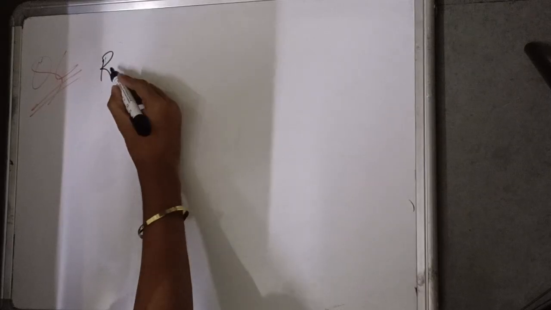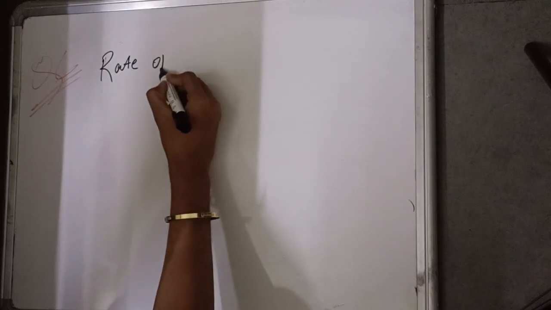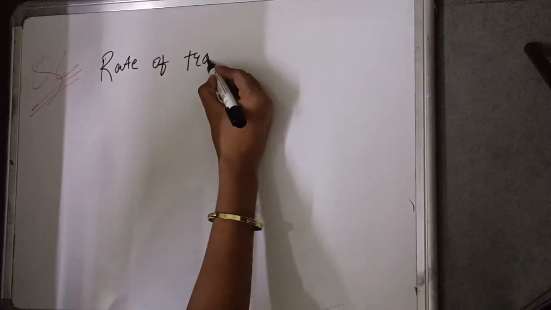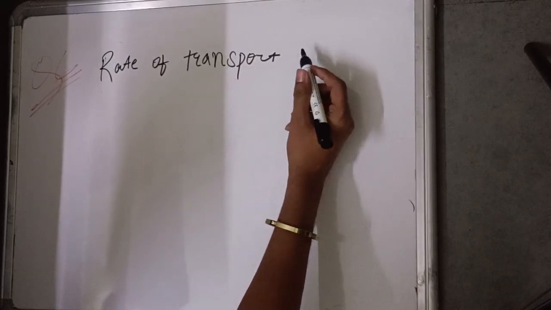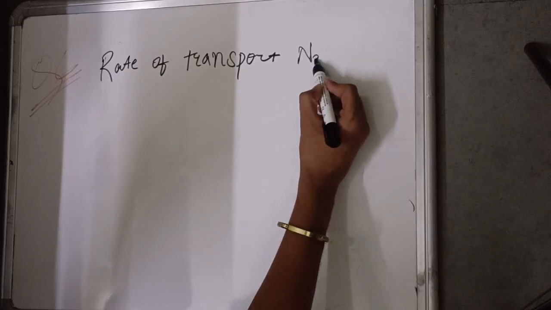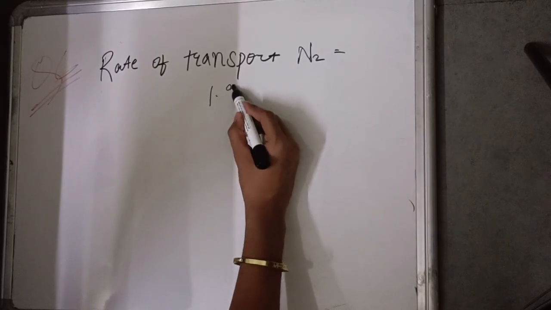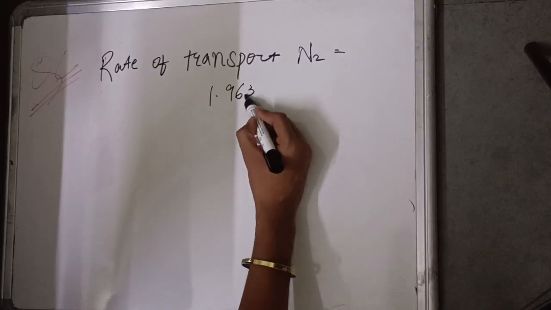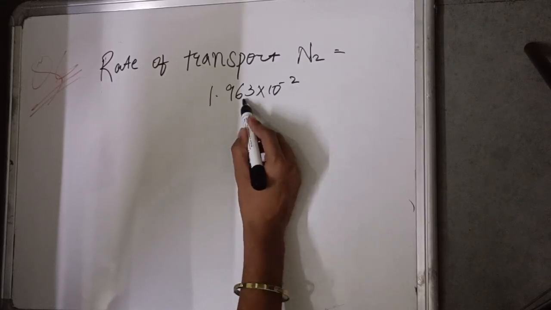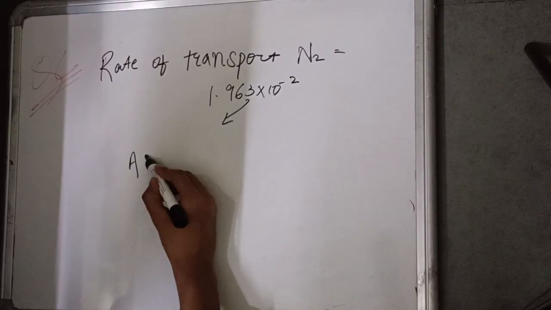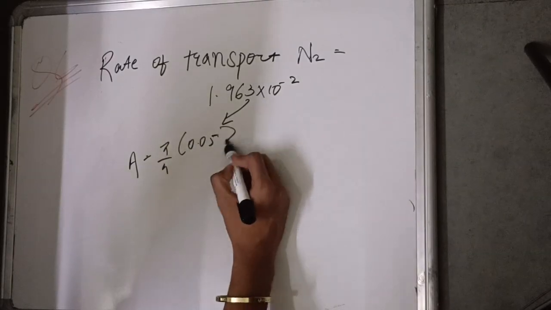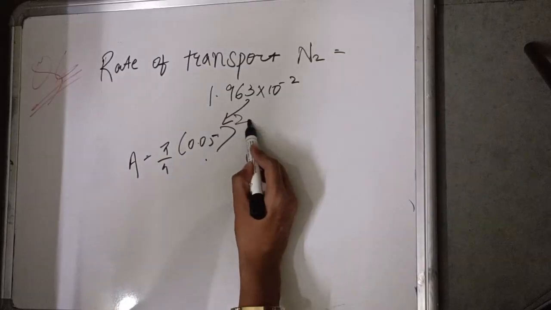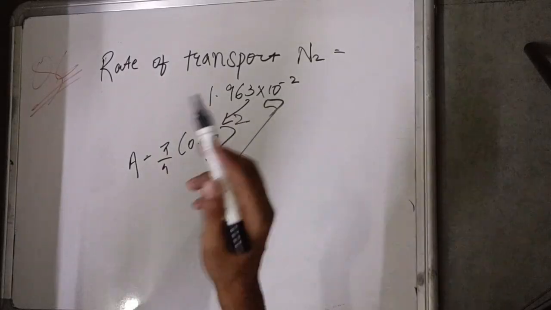The rate of transport of N2 is coming as 1.963 into 10 to the power minus 2, from which the area is pi by 4 into d square. D is 5 centimeter. We have converted it to meter.